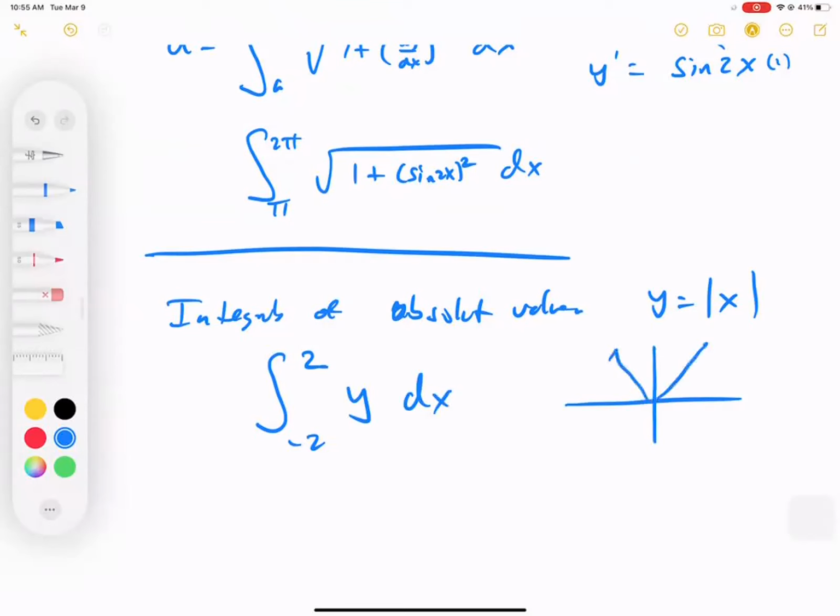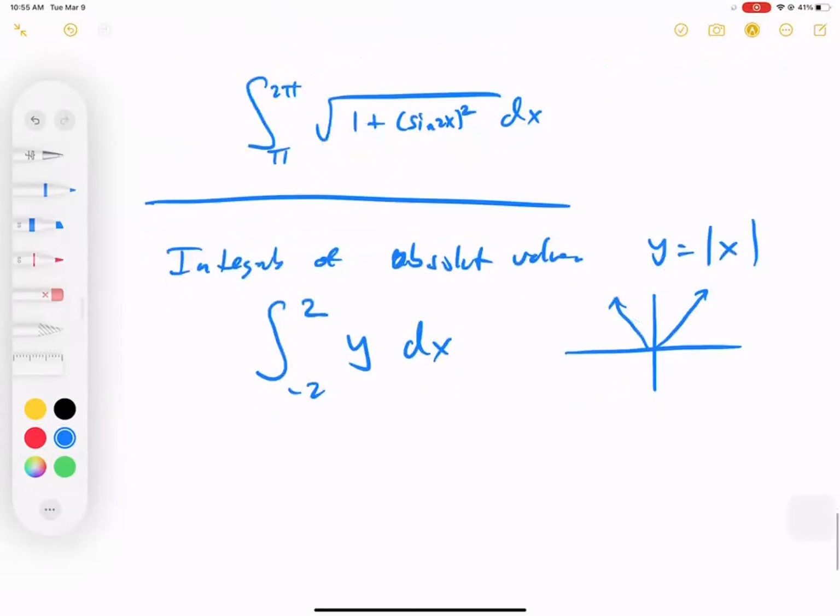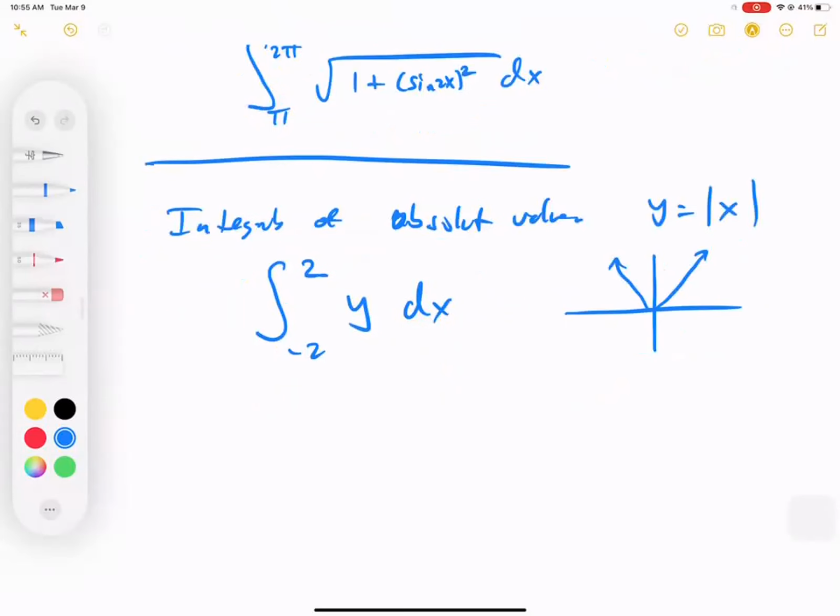Sure, and if you plug this in on a calculator, that would totally work. But how do we do this by hand? If I write this -2 to 2, have we learned any rules about taking the integral of the absolute value? And the idea is that now we're stuck.